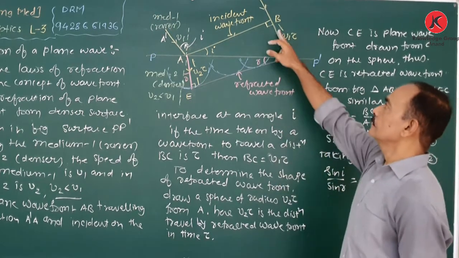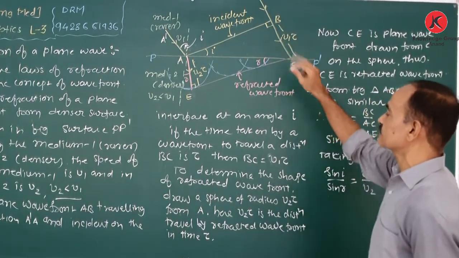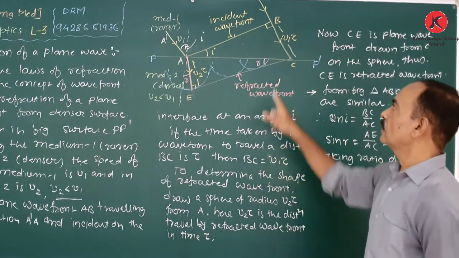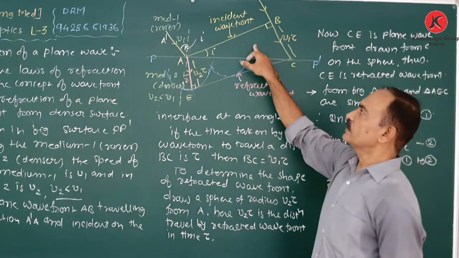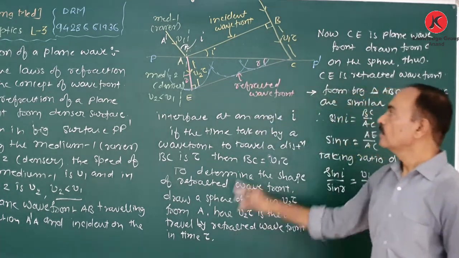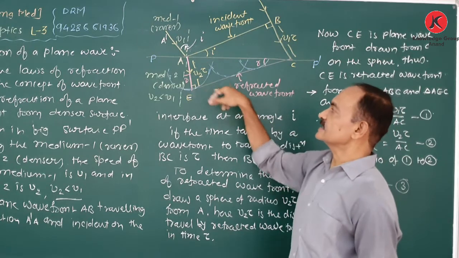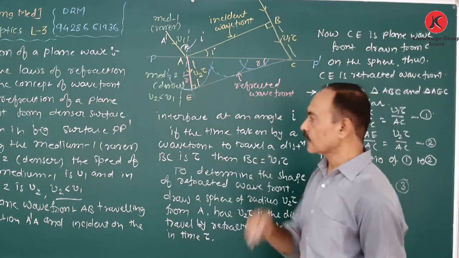If the time taken by the plane wavefront to travel the distance BC is tau, therefore BC is equal to V1 into tau. V1 is the speed of light in medium 1, the rare medium. Now, in the second medium, the distance traveled by the refracted wave in tau time is V2 tau.